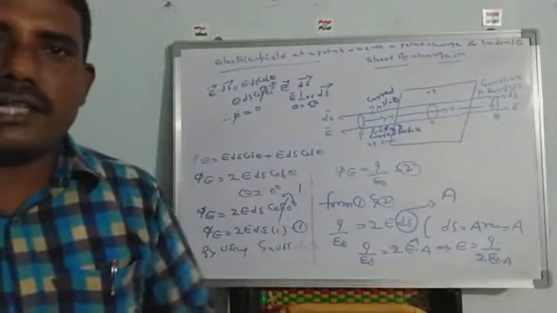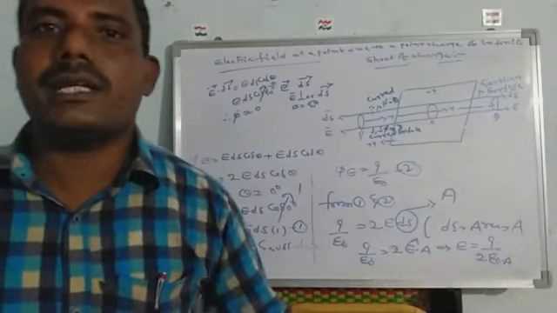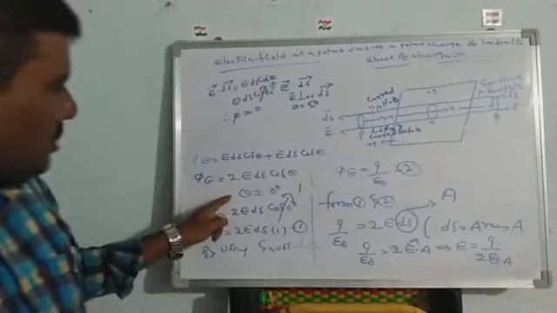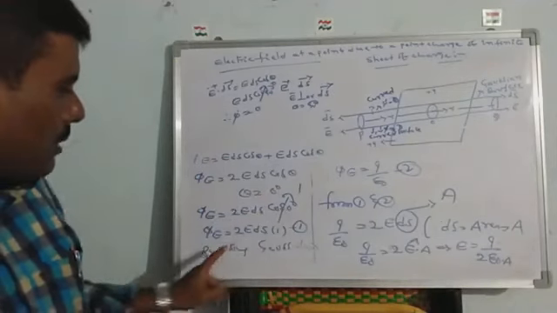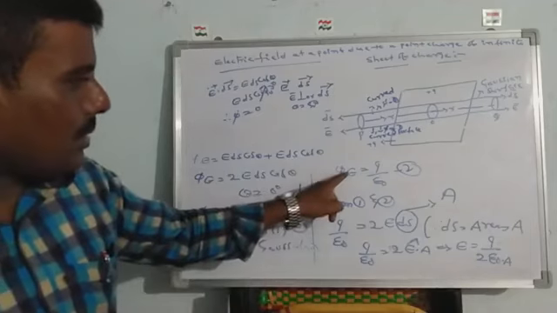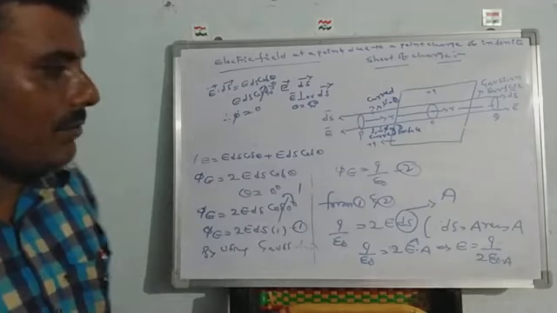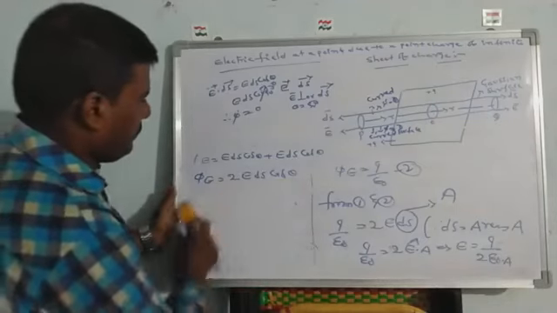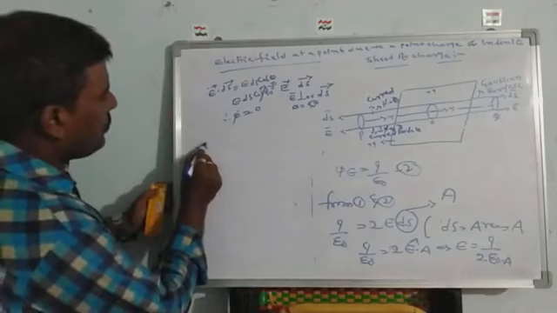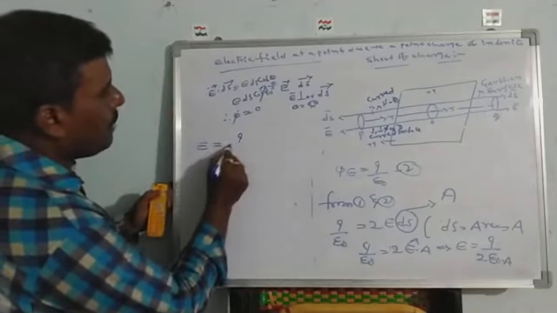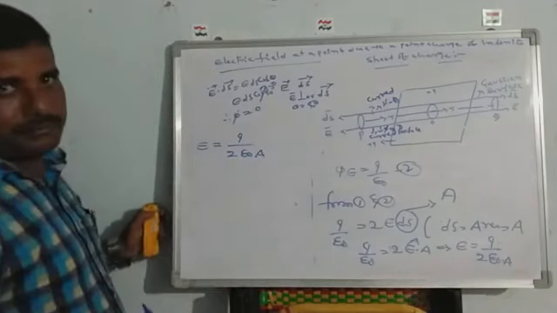That means the angle between them becomes 0, so theta equals 0 and cos 0 equals 1. By using the Gauss law, flux is nothing but Q by epsilon naught. So both are equal. Here E equals Q by 2 epsilon naught into A.